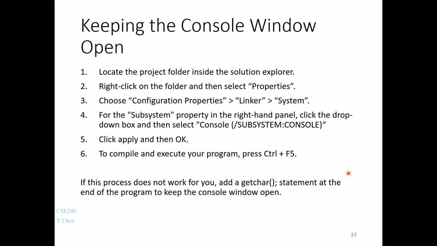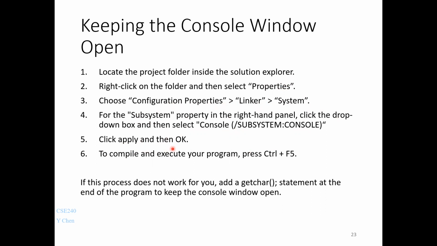So the proper way is to reconfigure. Basically, this is a configurable feature. You can keep it open or you shut it down. So here you can go to the project property. You go to configuration property, linker, system, and then you need to select your console, and after you make this selection, it will stay open.